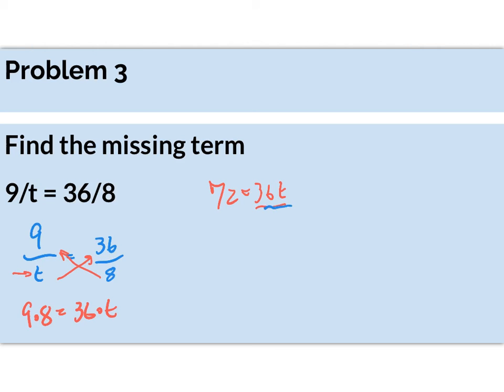Any number divided by itself is 1. You have to divide by 36 on the other side. T equals 72 divided by 36, which is 2. So t is 2. If we did 9 divided by 2 and 36 divided by 8, they should come out with the same number.